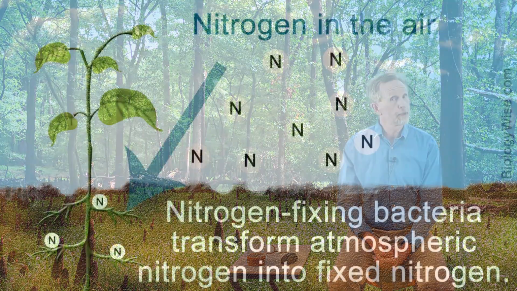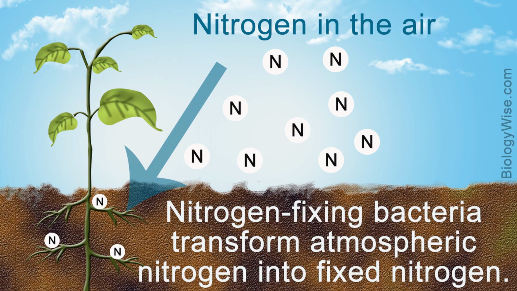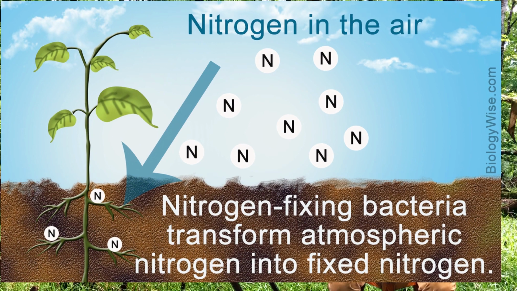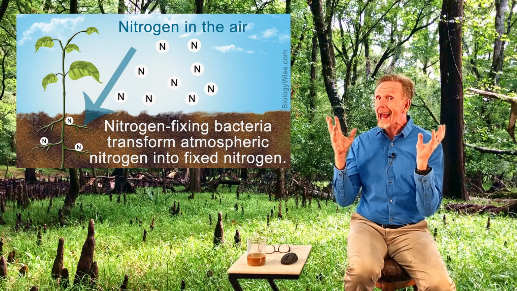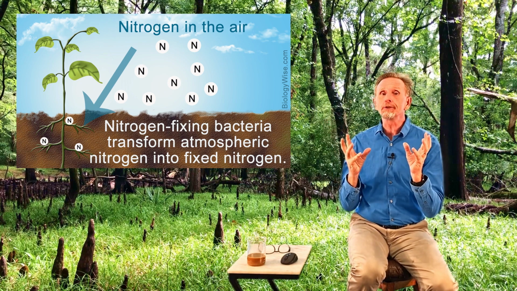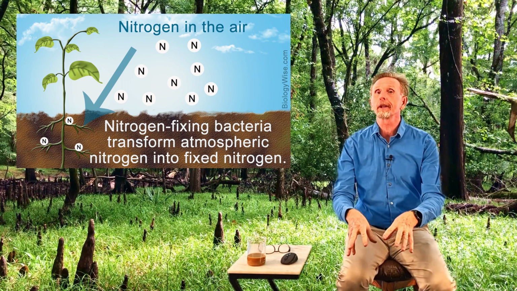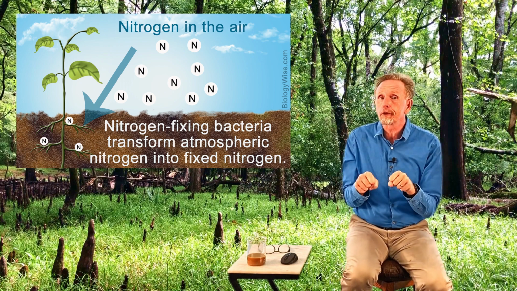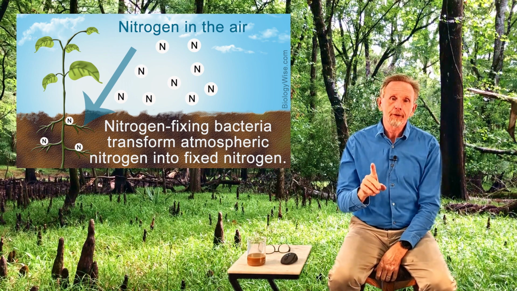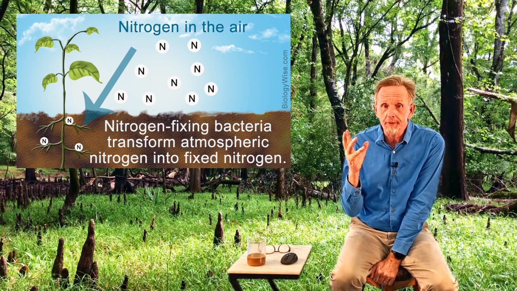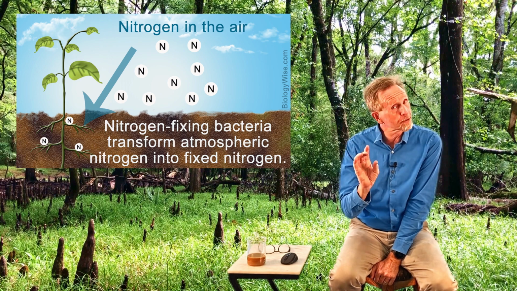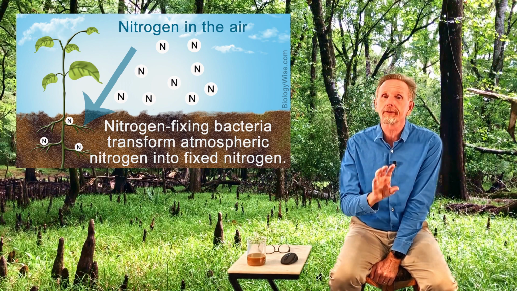However, there are a few species of bacteria known as nitrogen-fixing bacteria, ta-da, that can actually turn atmospheric nitrogen into the nitrates that are needed in the soil for plants to pull out of it. So they fix the atmospheric nitrogen into chemical compounds, typically nitrates and nitrites, that can be used by other organisms.